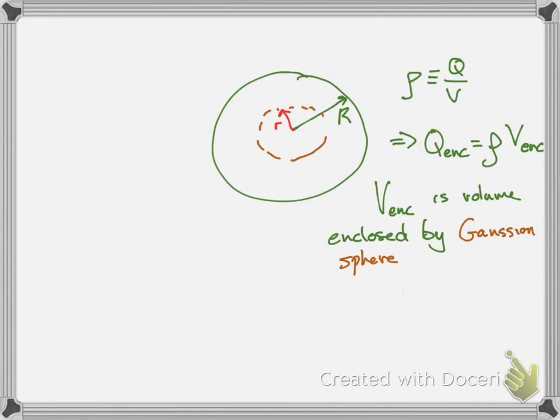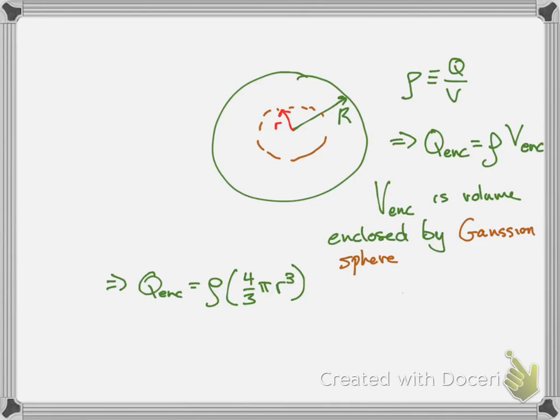So V enclosed is the volume enclosed by the Gaussian sphere. Therefore, the charge enclosed is equal to rho times 4/3 pi little r cubed, because that's the volume of the Gaussian sphere.